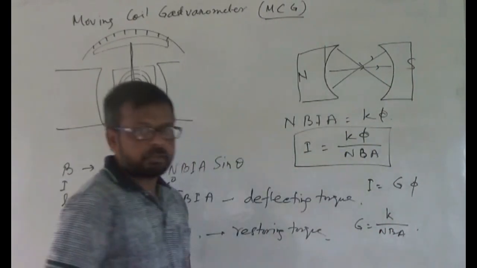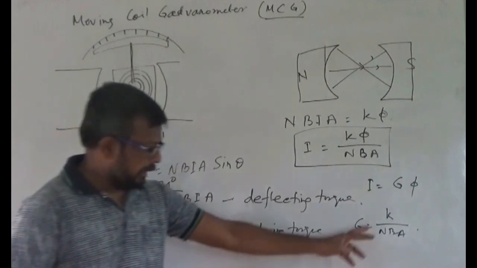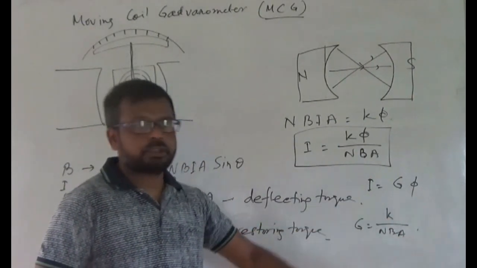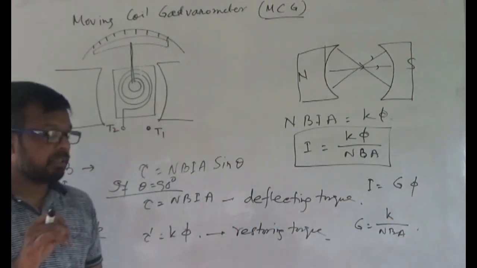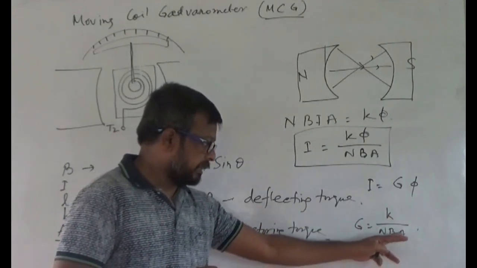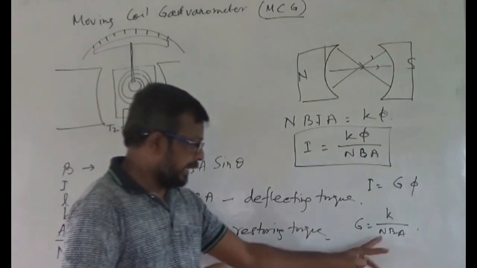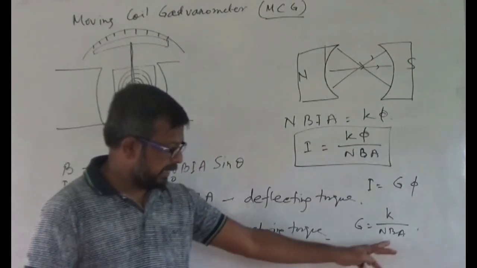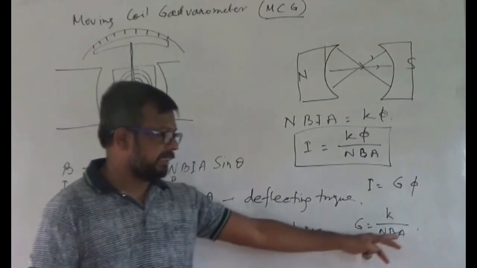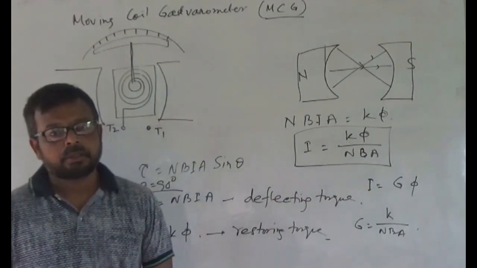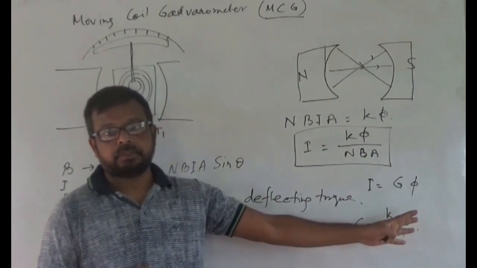is called the galvanometer constant, because these all are associated with the galvanometer. For a particular galvanometer, these terms are constant. K is the restoring torque per unit twist, N is the number of turns, B is the intensity of the magnetic field, and A is the area of the coil. All are constant, right?